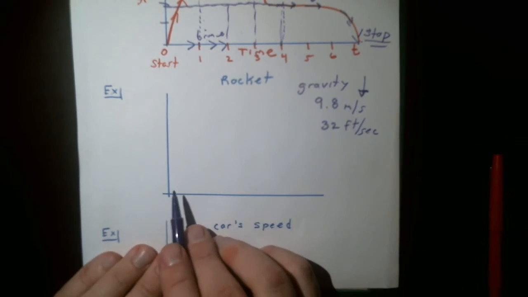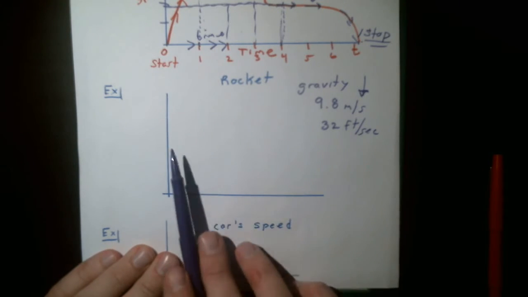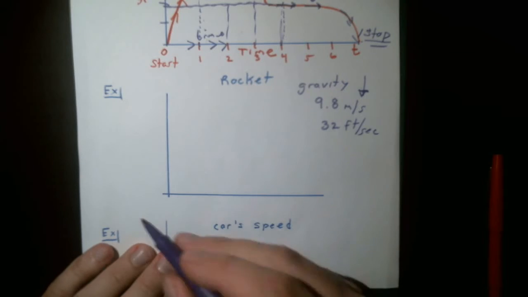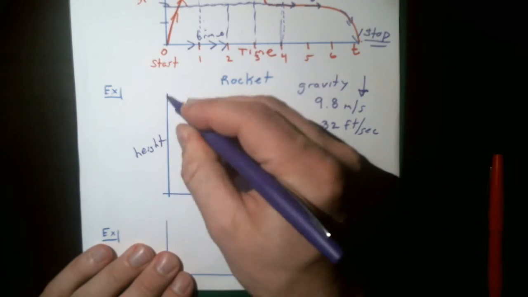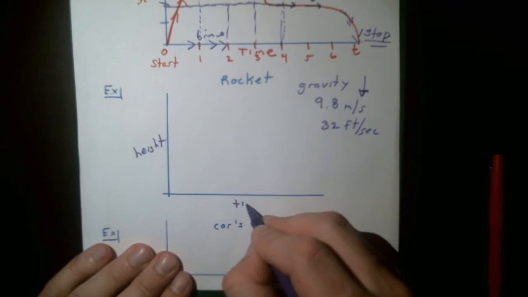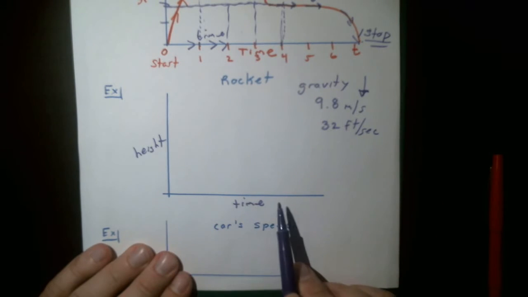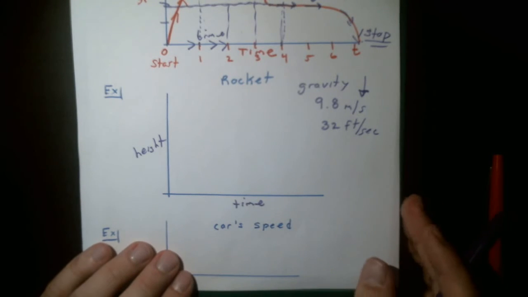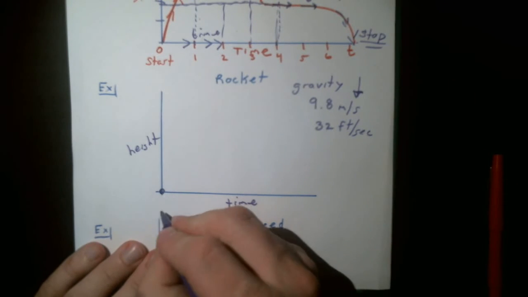So let's say that we have our axes here, and you always are in the positive axes. So let's call this height. And this is going to be time again, because time exists. When you launch the rocket up, it depends on the amount of time until it hits the ground. So let's say you launch the rocket at t of 0, so the ground.